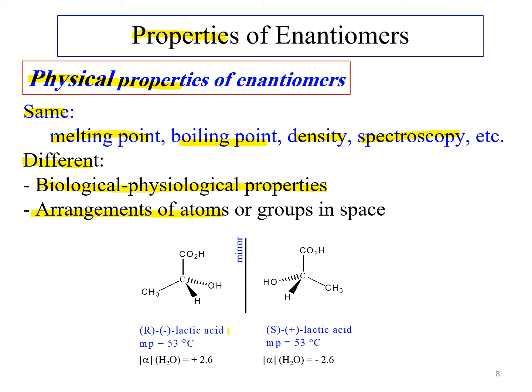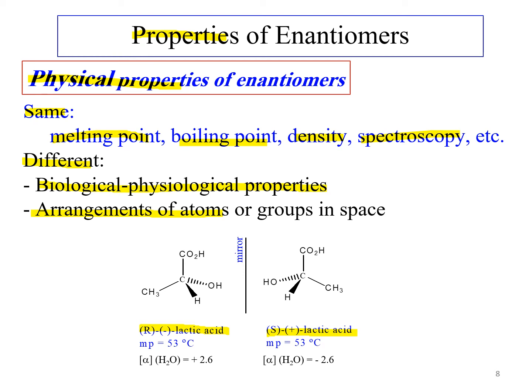So the example given is R-lactic acid and S-lactic acid. Lactic acid is an acid that is produced usually in the muscles when we are exercising. So it's a byproduct, and its accumulation basically causes the pain in the muscles. When you have done the exercise for a long period of time, everybody feels the pain, and that pain is usually due to this acidity that is caused by this lactic acid.